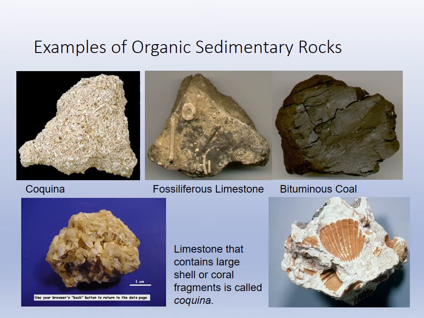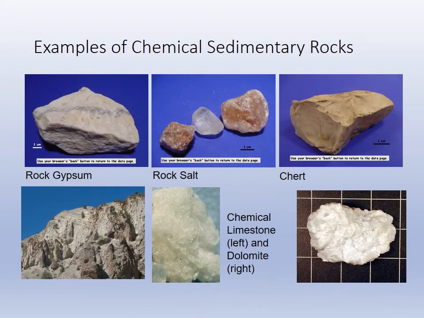Organic sediment rocks: coal is common, from plants, or the coquina, fossiliferous limestone glued together. And evaporites: gypsum we use for plaster, salt, chert is silica glued together, and then limestone, chemical limestone.